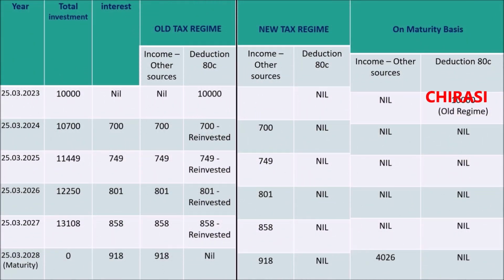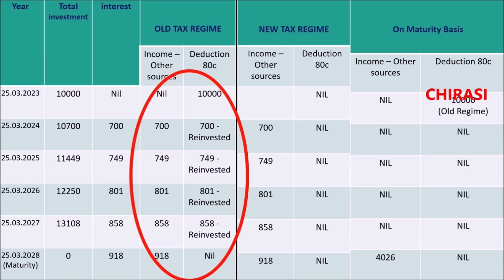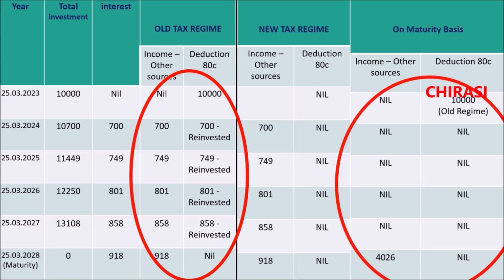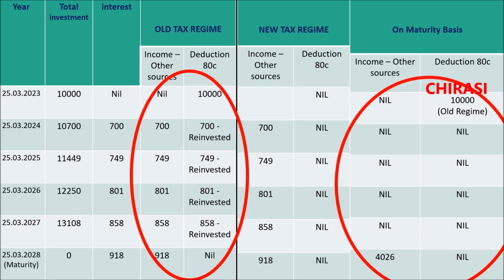But in the other sources of income, you have to show rupees 700 for the financial year 23-24 as income from NSC investment, rupees 700. So your gross income will go up by 700, and if the gross income is less than 7 lakhs, no tax, it is totally exempt.